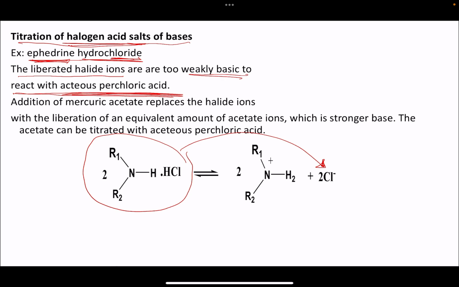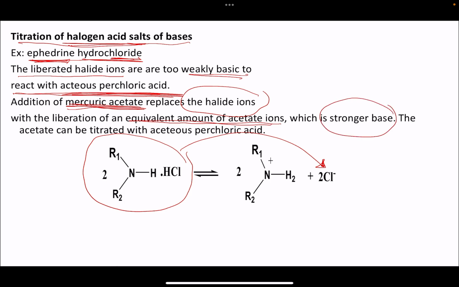We can do it by using a reagent to enhance the strength of the sample. We add mercuric acetate. Mercuric acetate replaces the halide ions, releasing an amount of acetate ions. Acetate ions are a stronger base.